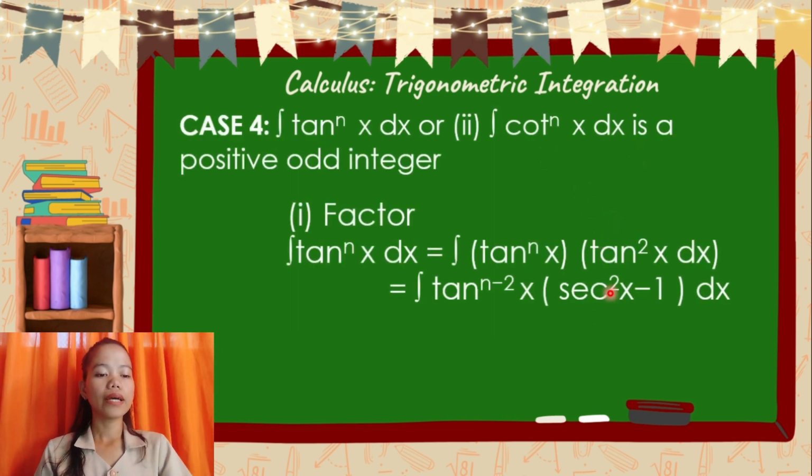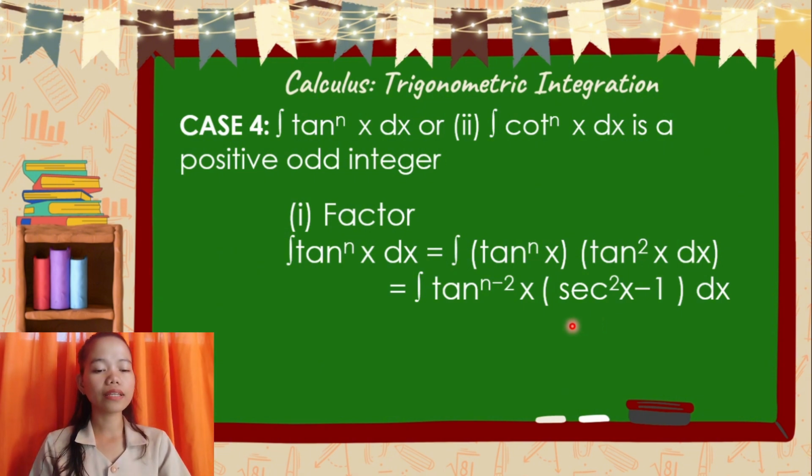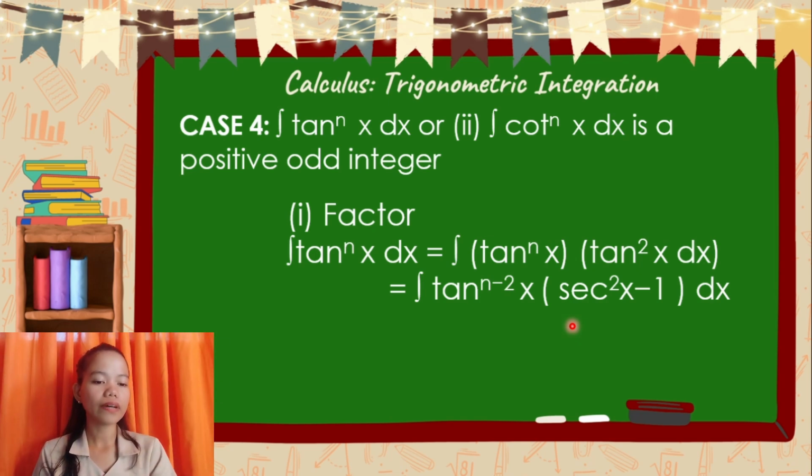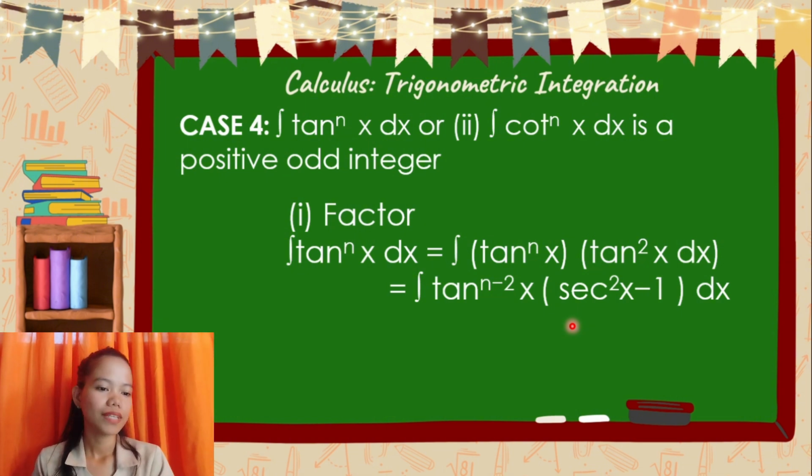Right after that, we have the integral of tan raised to the power of n minus 2 of x multiplied by the Pythagorean identity of tangent squared of x, which is secant squared of x minus 1 dx.